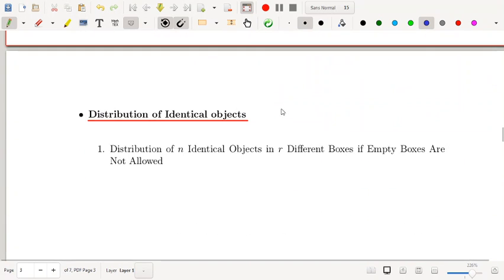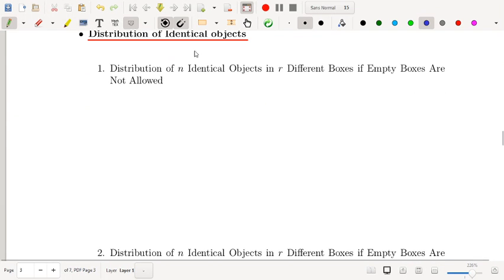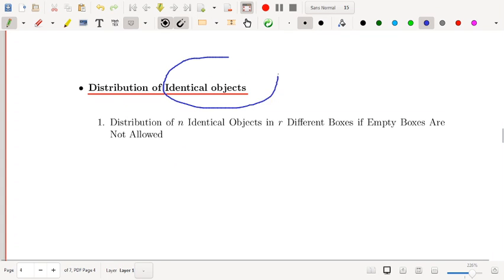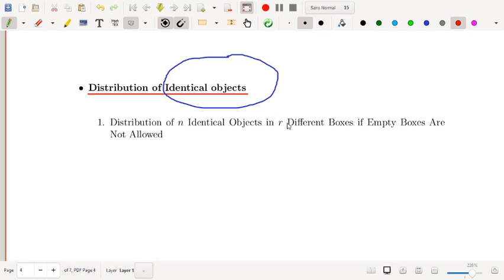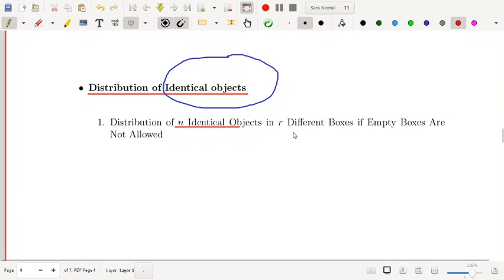Let's move to the distributions of identical objects. Identical objects, I will be talking about identical objects, very important. In the previous case we discussed distinct objects, now I will talk about identical objects. So for identical objects, different boxes, if empty boxes are allowed.